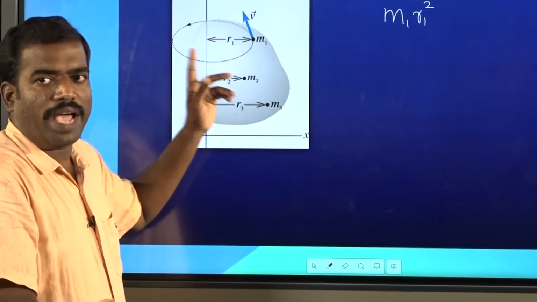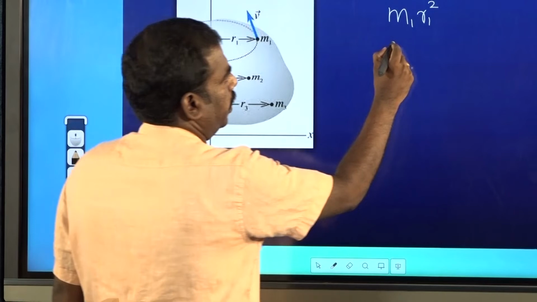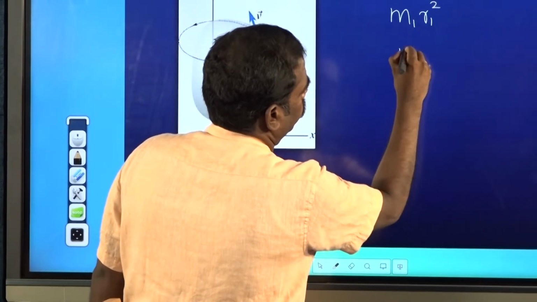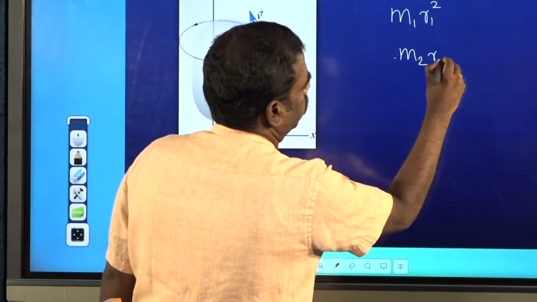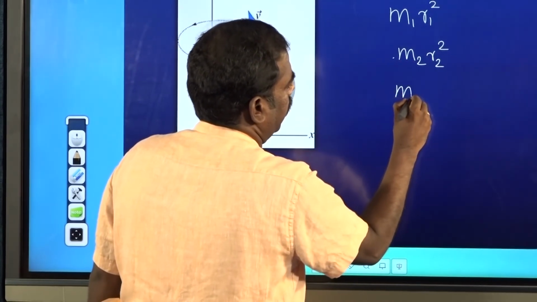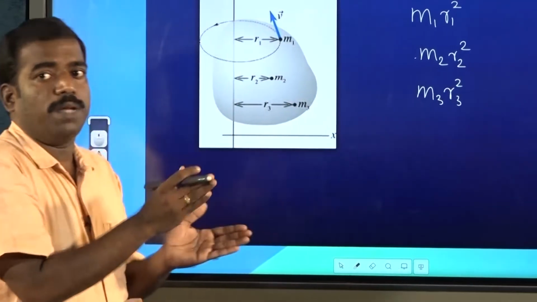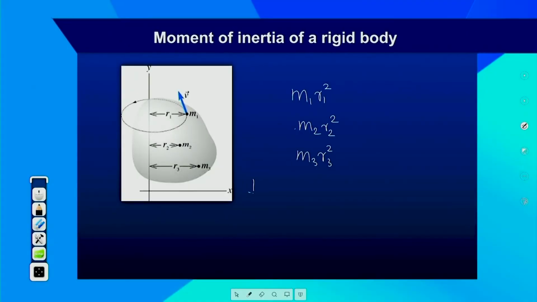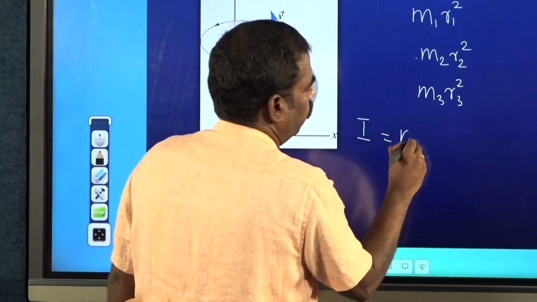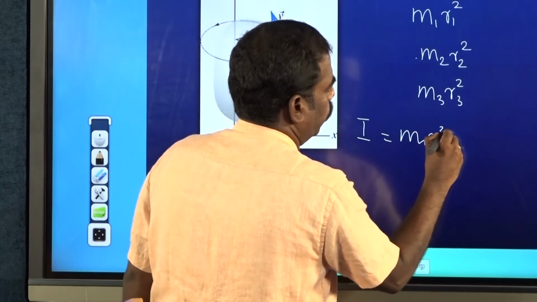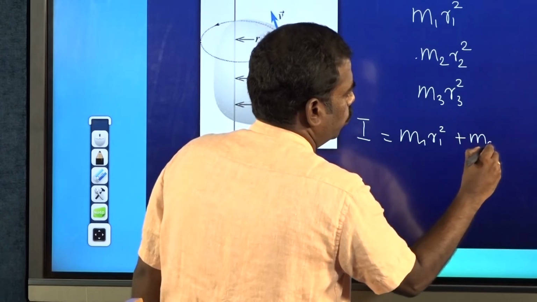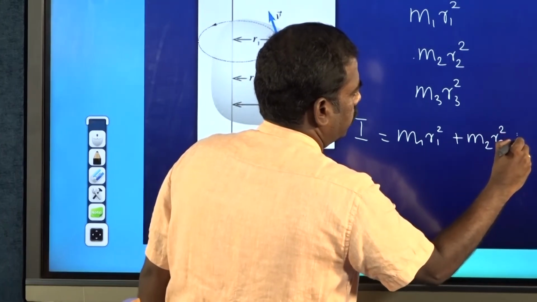Moment of inertia of m2 at a distance of r2 is m2 r2 square, and for m3 it is m3 r3 square. The body consists of only 3 particles. The total moment of inertia is given by I equals m1 r1 square plus m2 r2 square plus m3 r3 square.